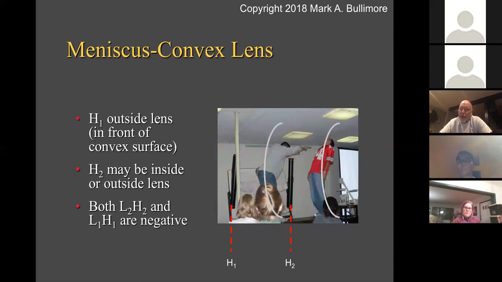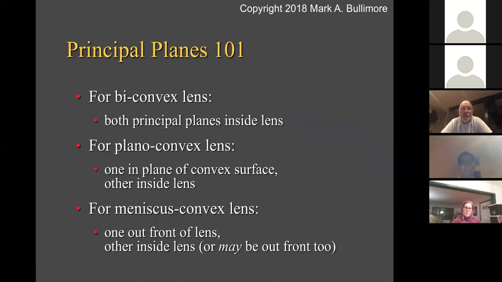The way to think about this and remember it is that principal planes always get sucked towards the more powerful surface. So if you think about the eye with 2 components, the cornea and the lens, the principal planes are always going to gravitate towards the more powerful surface. But in a meniscus lens, at least one of the principal planes will be ejected out of the front of the lens.